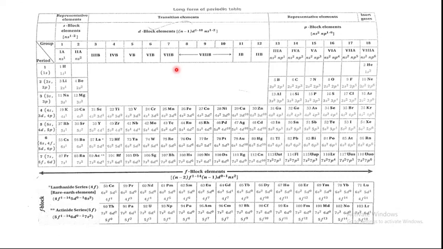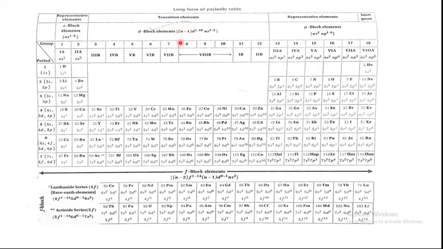What are transition elements? The elements in which the atoms in their ground state or in a stable oxidation state contain incompletely filled d orbitals. That is, the general electronic configuration of transition elements is (n-1)d 1 to 9. The d orbital is not fully filled up.